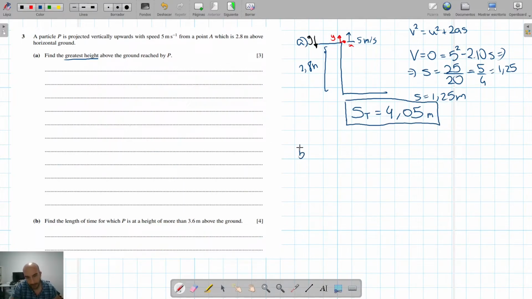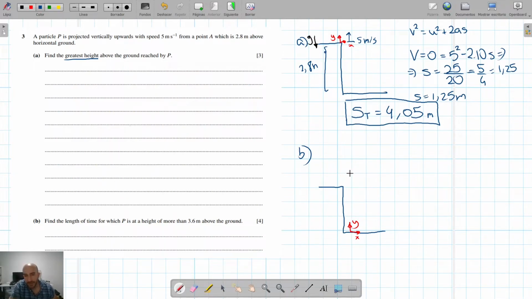So now, B: the length of time for which P is at a height of more than 3.6 meters above the ground. Okay, so if we consider our axis here, I'm doing it, we could do it above, but I'm going to do it here so that you learn how to use that too.